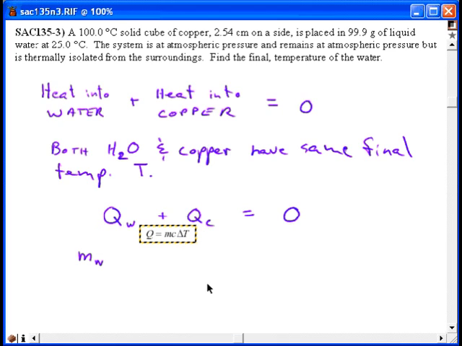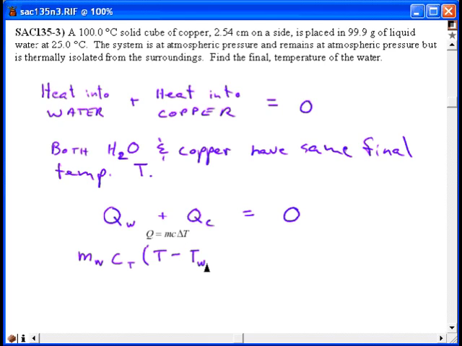Pop that right in there. So for the water, we can express that as the mass of the water times the specific heat of water times the temperature change of the water. Change in anything is the final value minus the initial value.